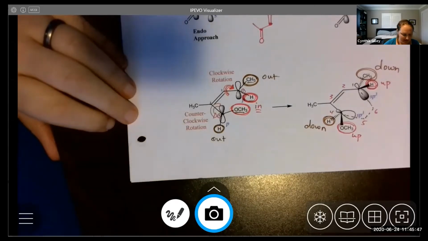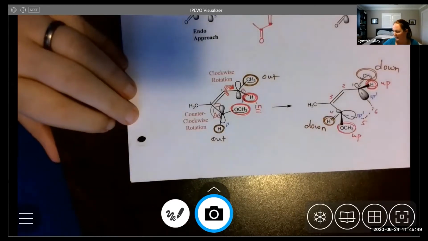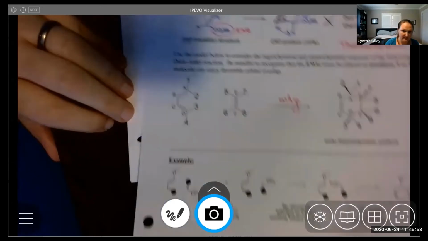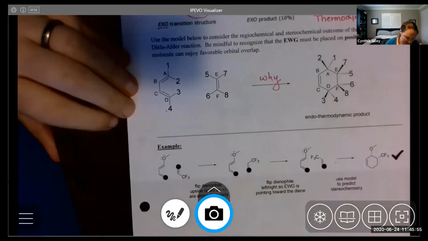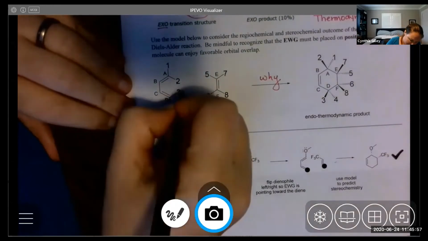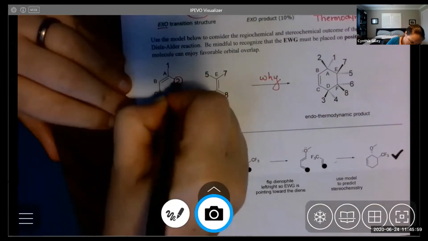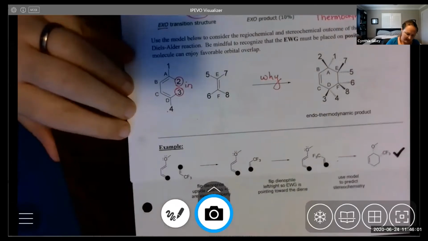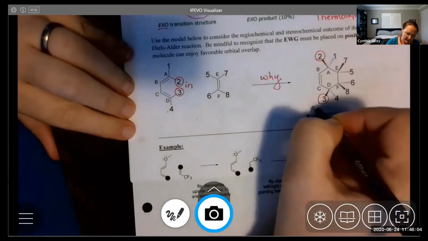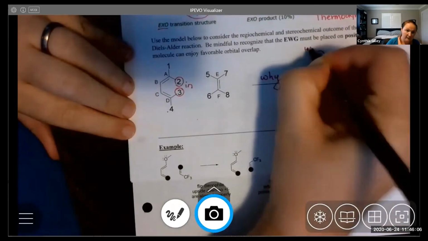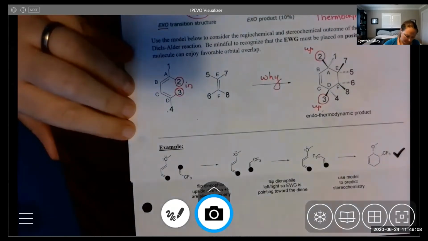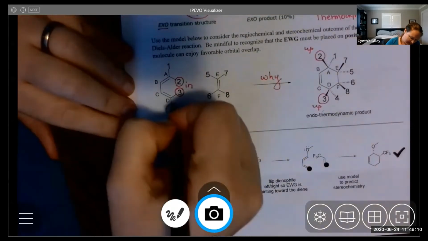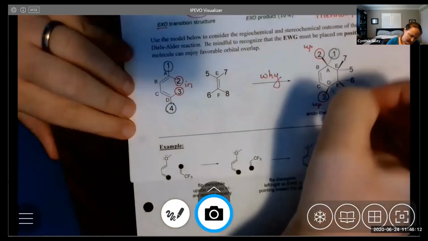So that's the reason why, when you go back to the little picture here, notice these groups that are pointed in end up up. These groups that are pointed out end up down.